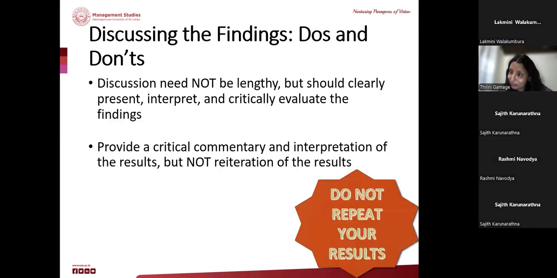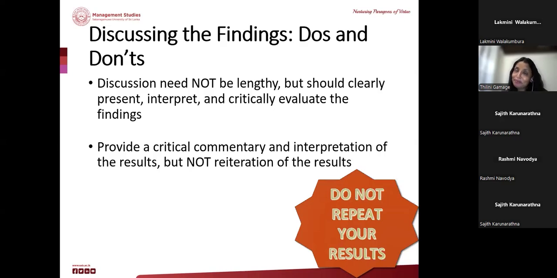Because of that and my own experience with research students, I thought in my session today, I should focus on discussing the do's and don'ts when you're discussing the findings.